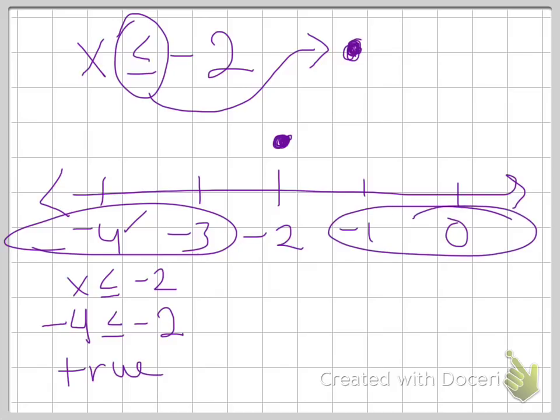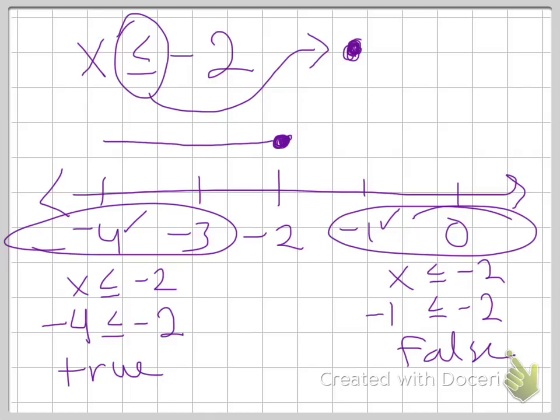If I'm checking the right side, I'll use -1. -1 is less than or equal to -2. That is false. So I draw an arrow from my circle in the direction of true. And I make sure that I put an arrow at the end. And that's my graph.